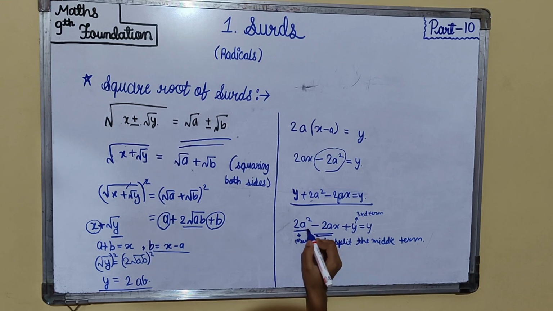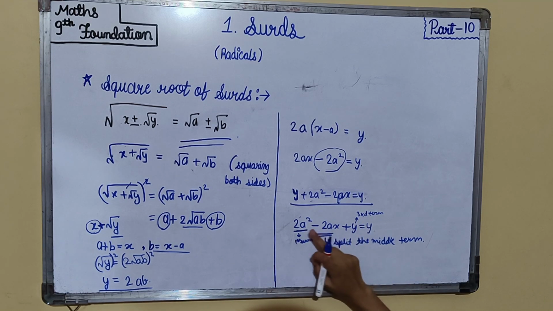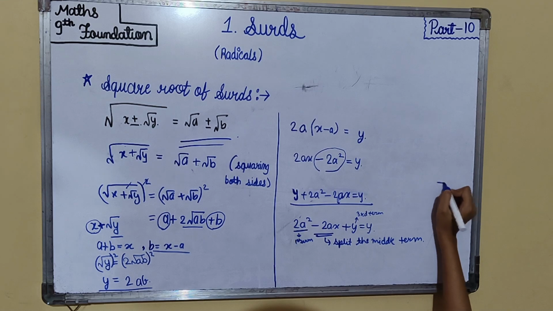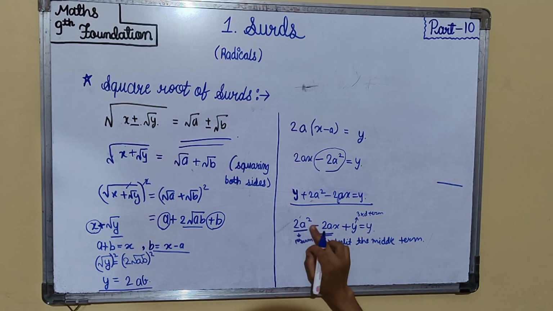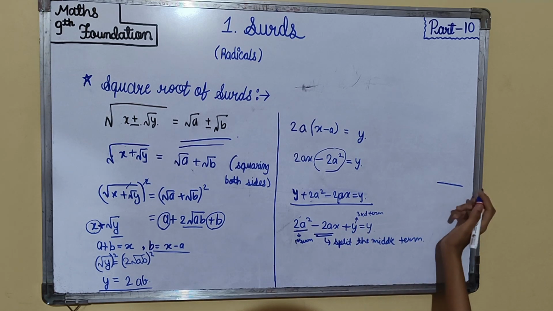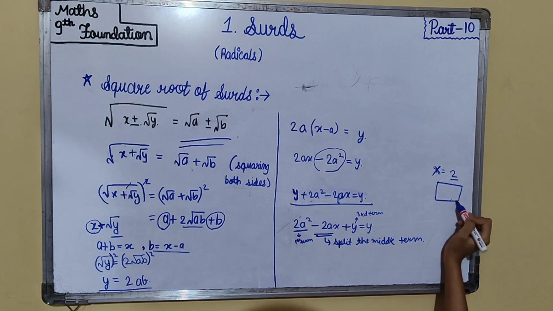So we'll multiply the numericals of both the first and last term. So whatever the numerical is here, 2a square, and here is y. The numerical is 2. So the multiplication should be 2.